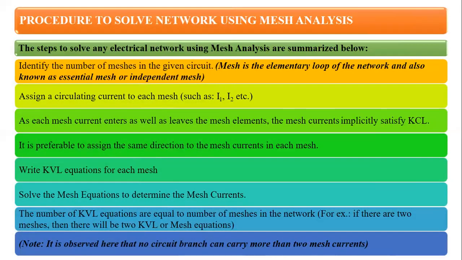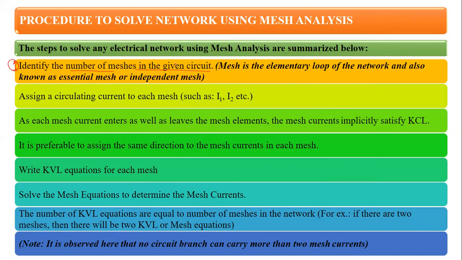Now, how to solve an electrical network using mesh analysis? These steps are summarized here, so let's read these steps one by one. The first thing that we do to solve any electrical network using mesh analysis is we identify the number of meshes in the given electrical network.